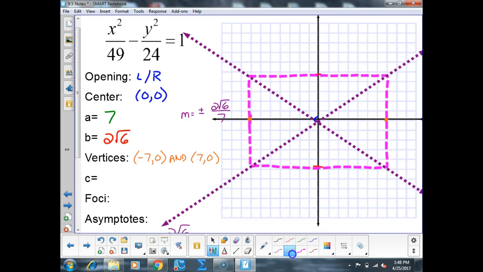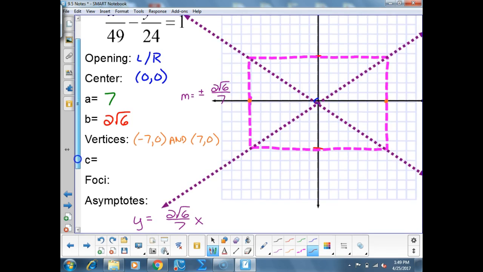c value. Not 5. Square root of 73. Which puts my foci at, where are my foci? 0, 0 plus or minus 7 square root of 73.